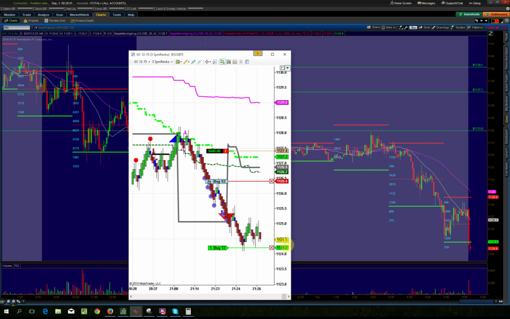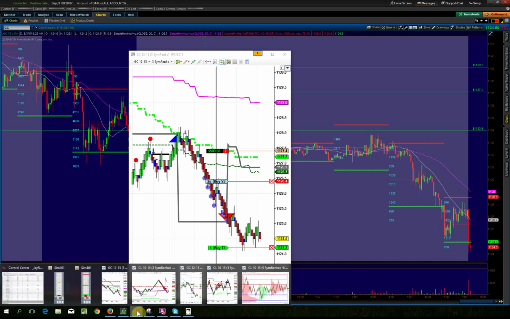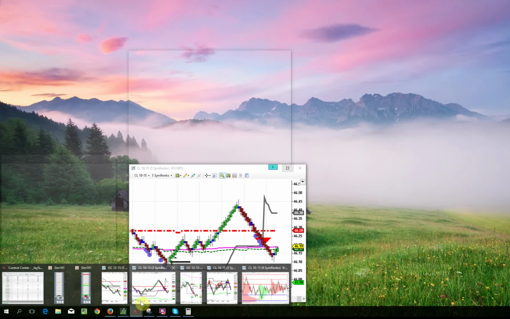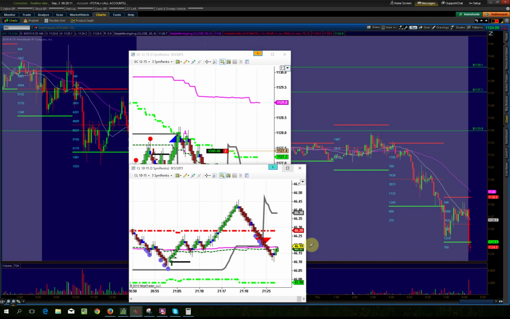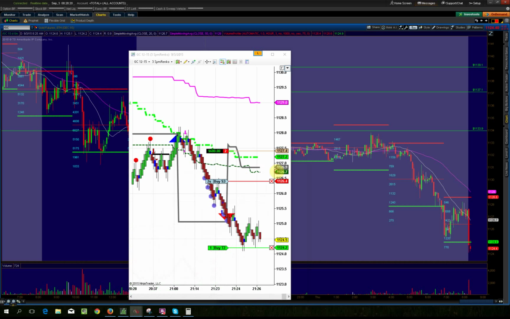So every 10 cents, that's one tick. Now oil moves a penny. So if I pull up oil real quick, every time it moves a penny, that's a tick. Either way, both of them, if it moves a tick, you make or lose $10. In this case, I'm making $10.